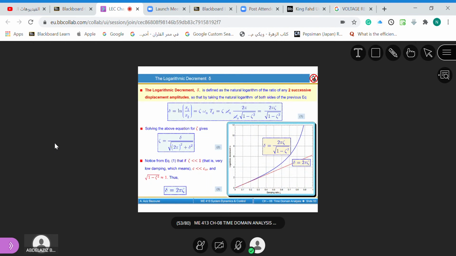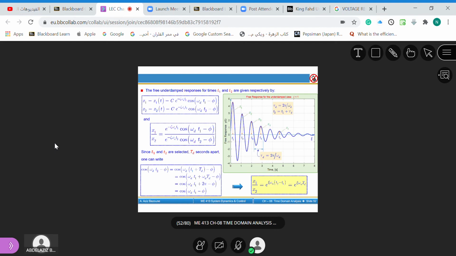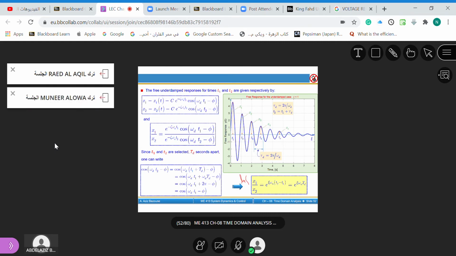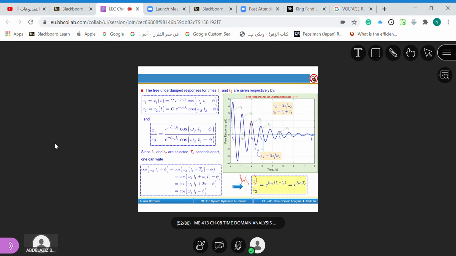We define the logarithmic decrement. Now if you take the log, ln of x1 over x2, it will be zeta omega n td.